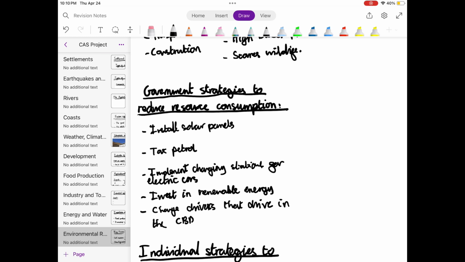So CBD is Central Business District, and by charging drivers, this discourages them from driving into the city because they'll have to pay more tax in order to do so. So this can therefore reduce their resource consumption.